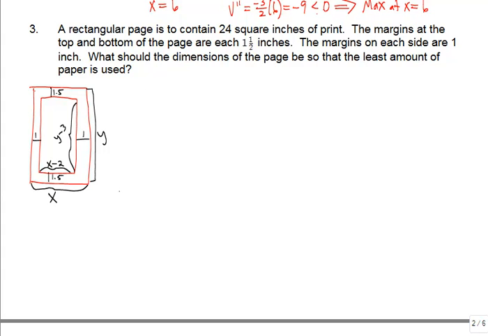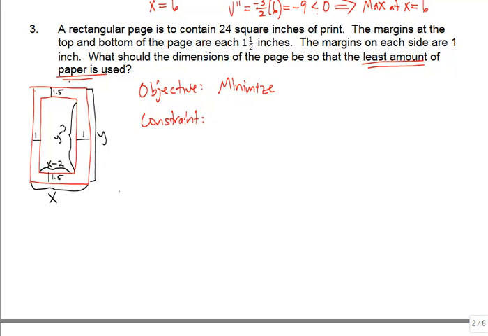Let's write down what our objective and our constraint are. The objective is the thing that you want to maximize or minimize. We want the least amount of paper. Least means minimum, so we want to minimize something. What is it we're trying to minimize?